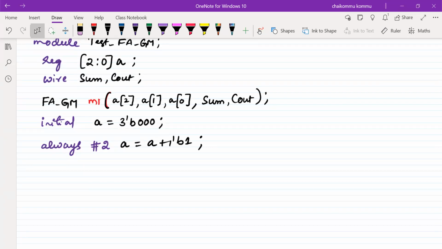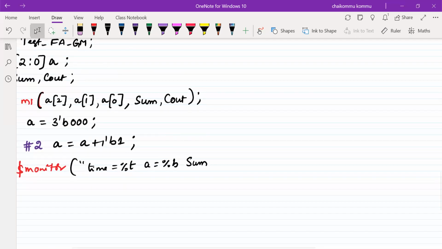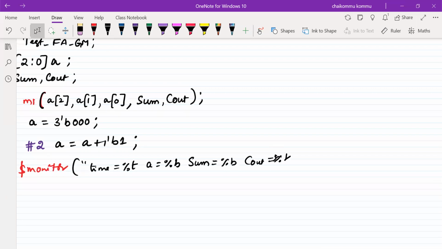Finally, we need to write an initial statement. Dollar monitor, of course everyone knows this one. I want to mention the time: time is equal to percentage t, A is equal to percentage b, sum is equal to percentage b, carry cout is equal to also percentage b.